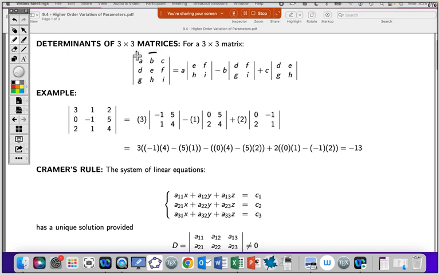And then we'd have a minus B, wipe out the row and column the B is in, and take the determinant of that little 2 by 2 matrix. And then once again, plus C times the determinant of the little matrix you get by wiping out the row and column the C is in. So this is called expansion by minors.